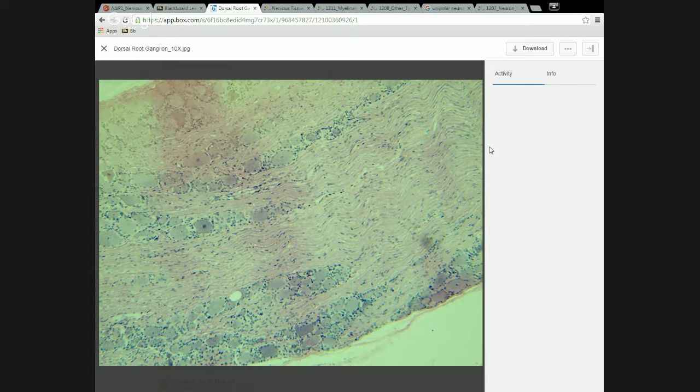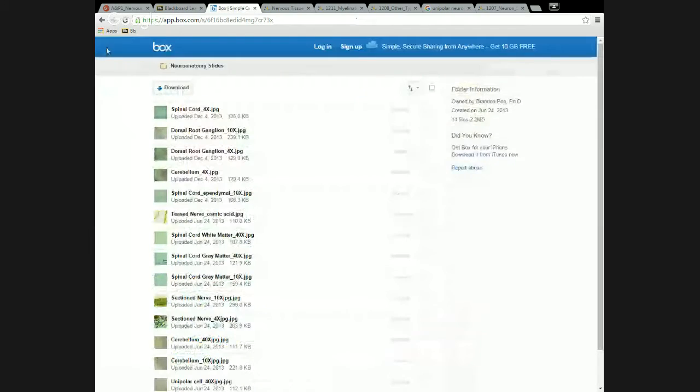Now, if we look at this a little bit closer, you will see a little bit of variation in cell body size. Not all of them are huge, because not all of them are going to be carrying information that far. But there is some variation. So the two slides that I just showed you were the 4X and 10X dorsal root ganglion cells.